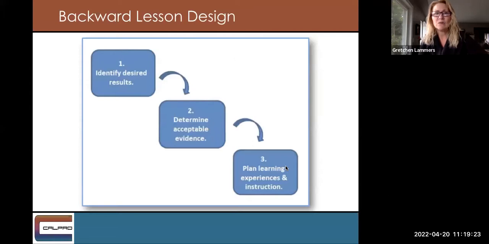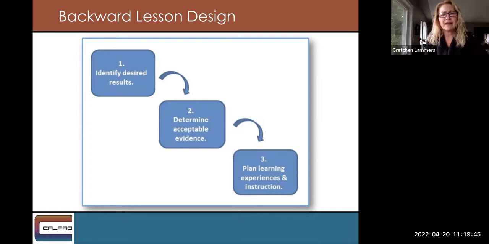And again, anytime we're talking about lesson planning, we have to remember that we are planning with the end in mind, or backward lesson design. We think about the desired results that we want for our students, what we want them to be able to do or say or to accomplish.